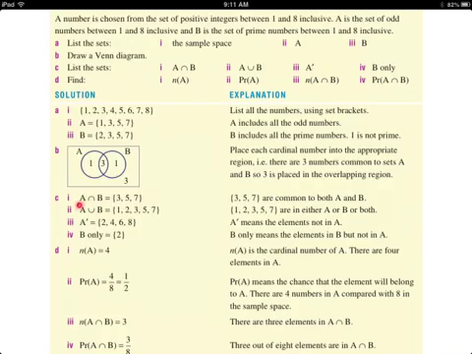A union B is going to be the numbers that are in either, or the elements in either A or B or both.